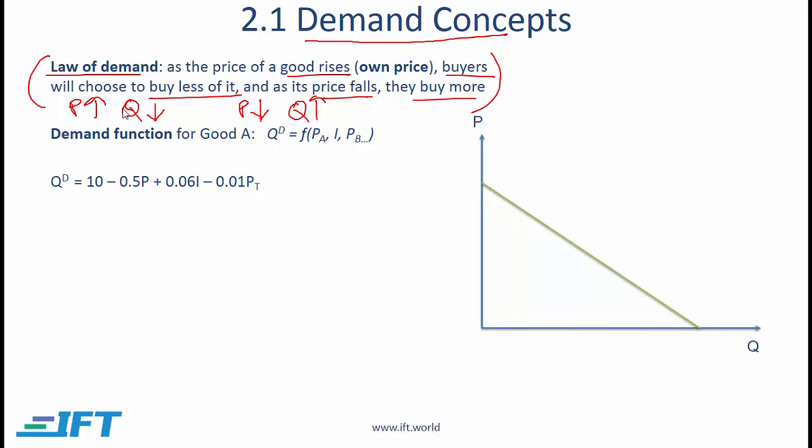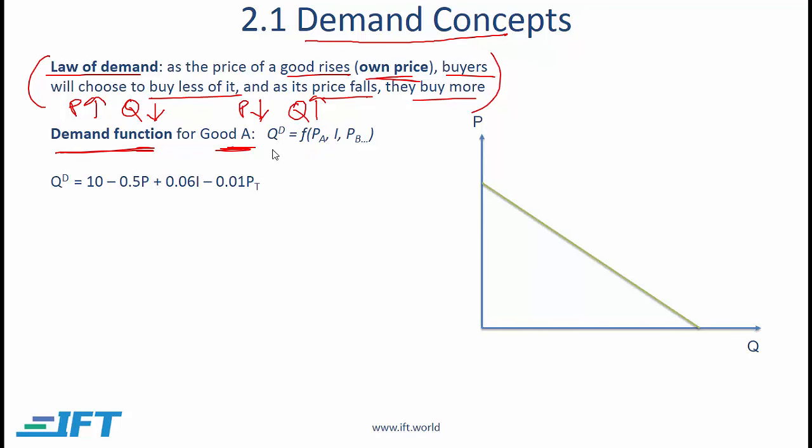When we are talking about a particular good such as chairs, the price of that particular good is referred to as the own price. Now let's take this concept one step further and talk about the demand function. The demand function points out that the demand for a particular good, let's say good A, depends on or is a function of multiple variables.